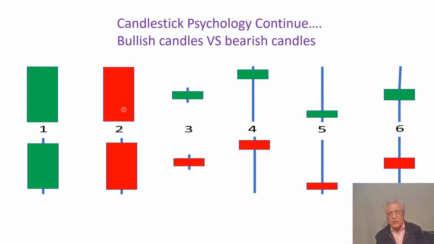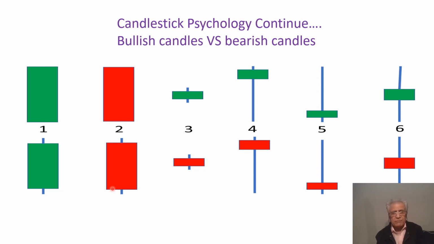And if there are no shadows, like here, no upper or lower shadow, then we have a strong bearish Marubozu. And this way, we can say the bears totally control the market. There are no buyers. The trend only goes in one direction, downtrend.